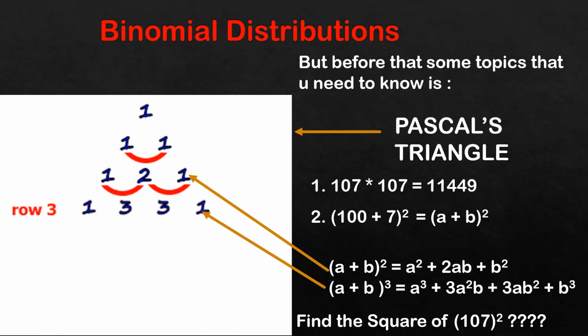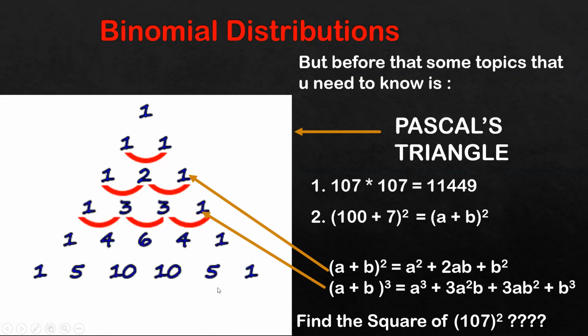So in this way, class, you can do such type of sums, and that is why information regarding Pascal's triangle is very, very important. We have already covered this topic last year, permutations and combinations.